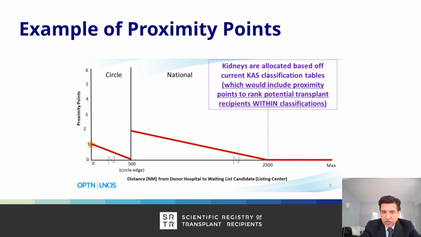All other candidates would receive fewer points, up to 500 nautical miles. Candidates at 500.1 nautical miles away from the donor hospital would be awarded the maximum number of 2 points, and those points would decrease linearly up to 2,500 nautical miles. No points were awarded after 2,500 nautical miles.